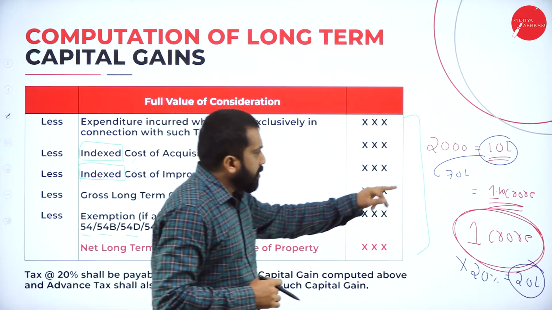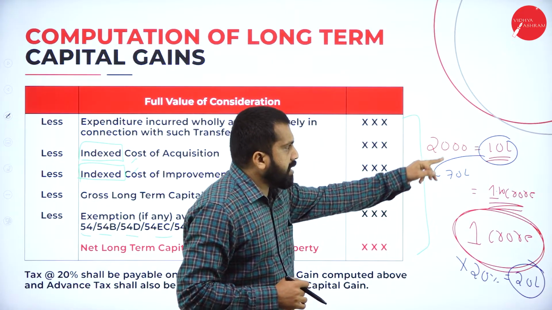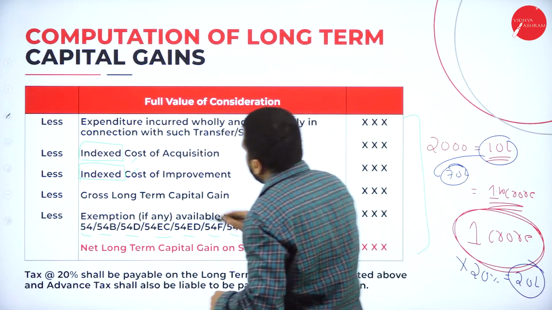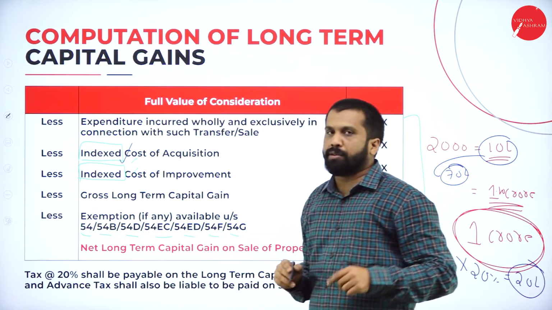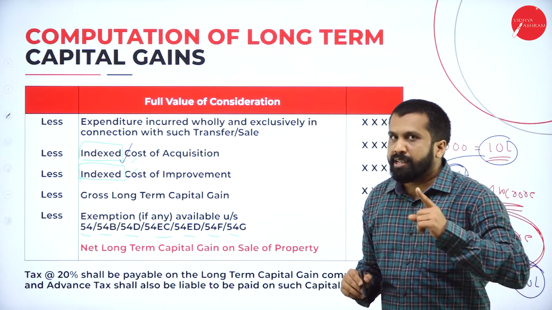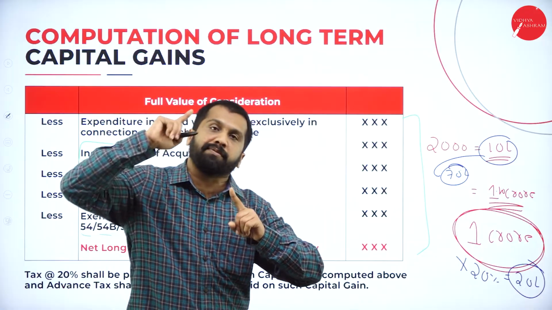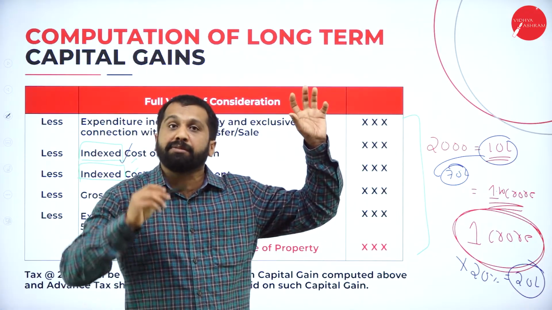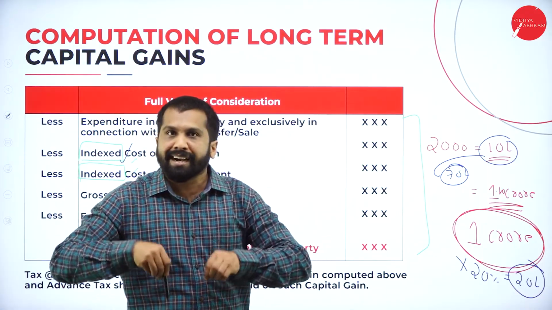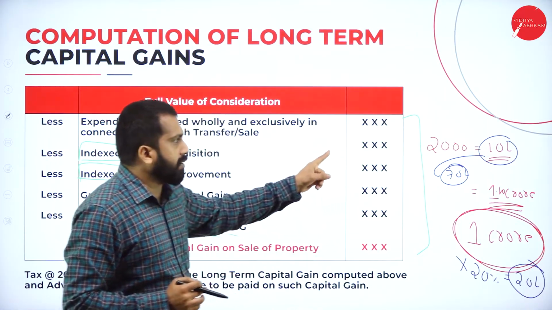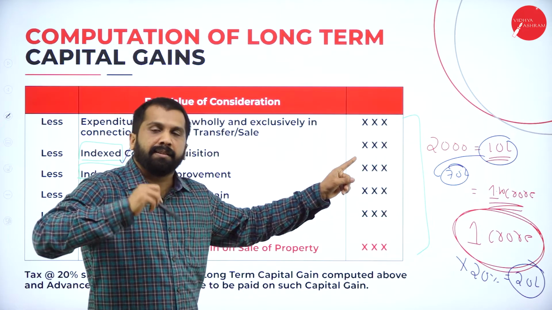Now, you have to consider 70, not 10. This 70 is called the index cost. Hope you are clear what is index cost. Index cost means whatever price you bought at 20 years back will be converted to the current money value.